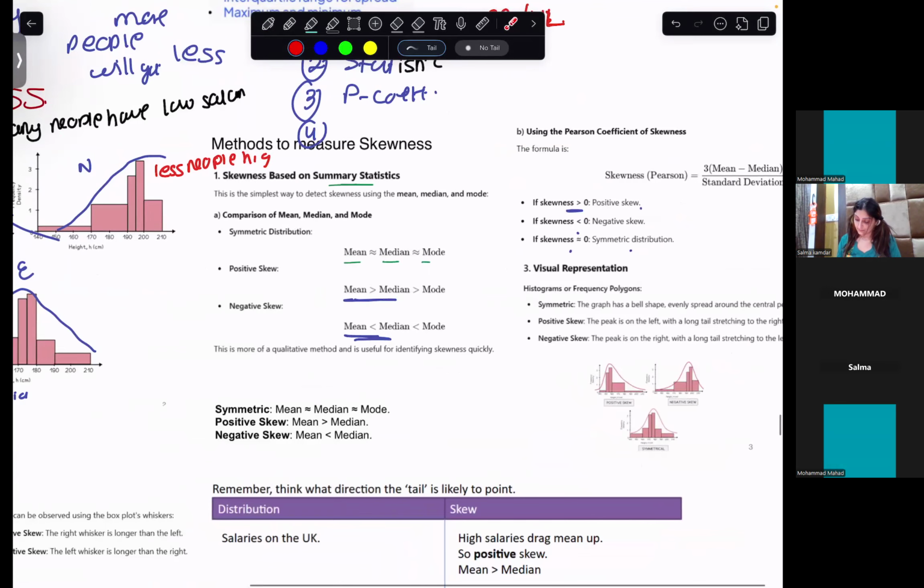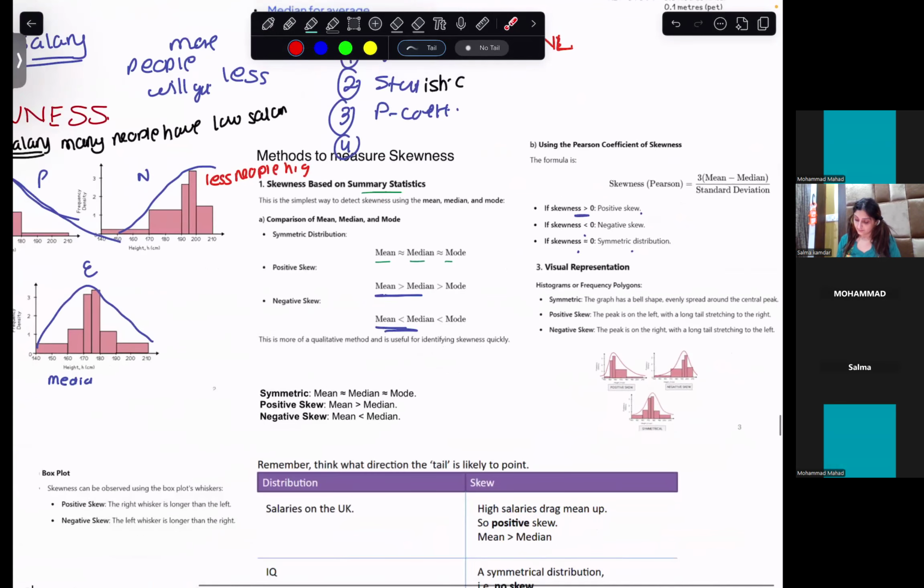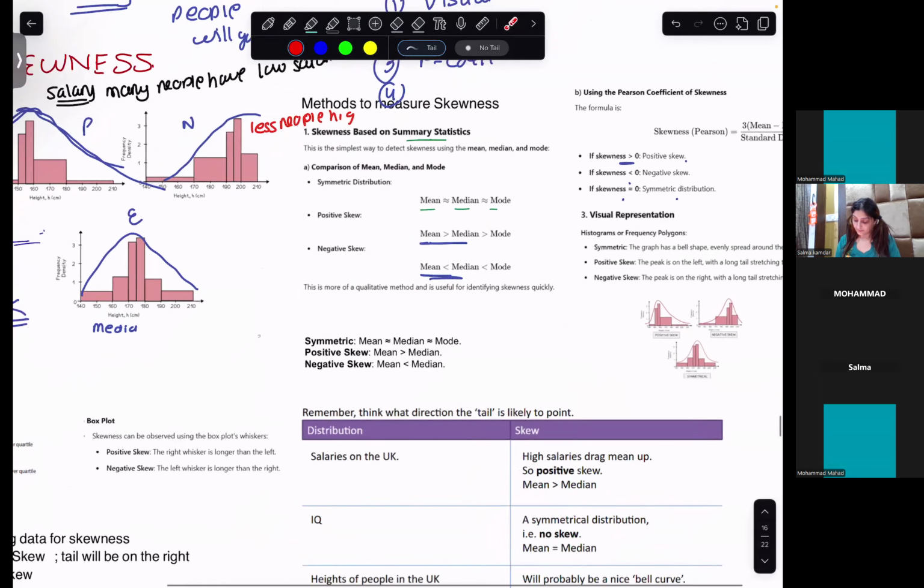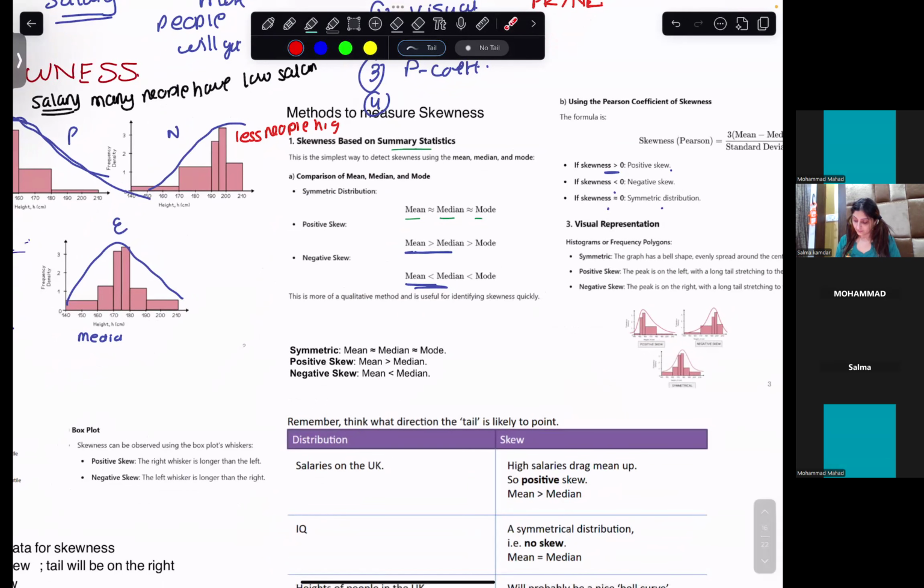Then the third way of recognizing skewness is the comparison of mean, median, and mode. If it's symmetrically distributed, mean equals median and median equals mode. But if it's a positive skew, mean is greater than median, which is greater than mode.